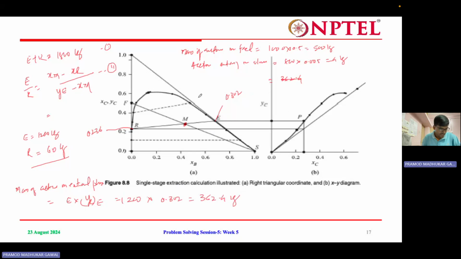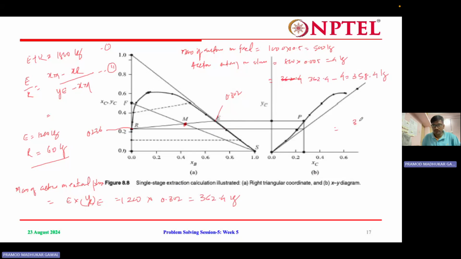So the net amount of acetone transferred to the extract stream is 362.4 minus 4, which is equal to 358.4 kg. Now we have to calculate the fraction of the acetone removed by the extraction, right?